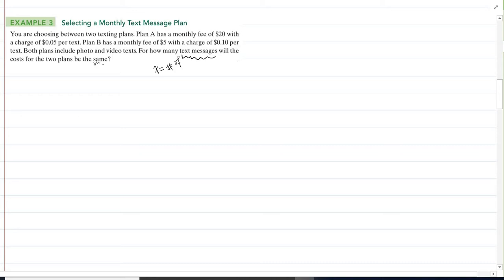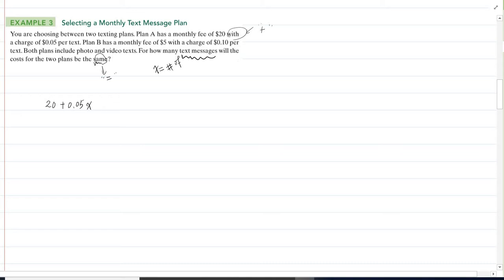Also there's the word same that translates to math as the equal sign. Okay, plan A offers us a $20 monthly fee. So with, right, these words are translated plus the 0.05 per text. So the number of text messages is x, multiplied by x.